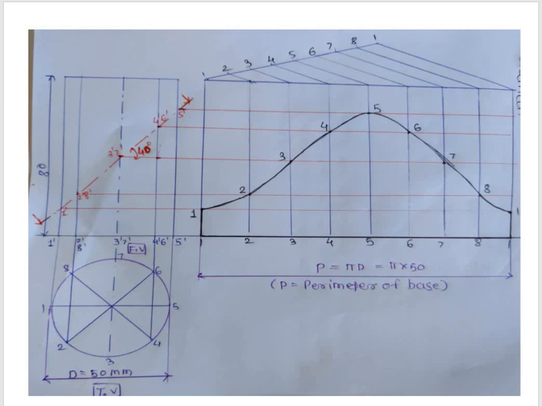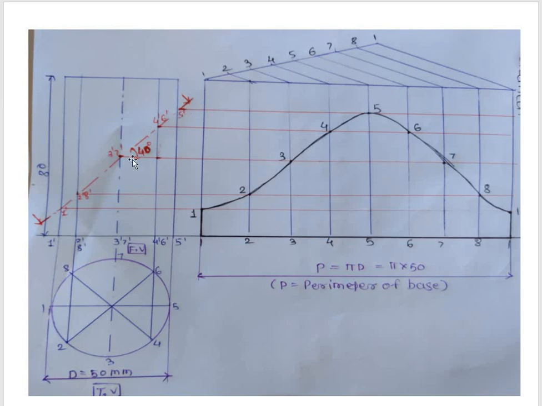Means you have to remove the upper part and retain the lower part, and for this retained lower part you have to develop the lateral surface. So make the 40 degree line and mark it as this AIP.